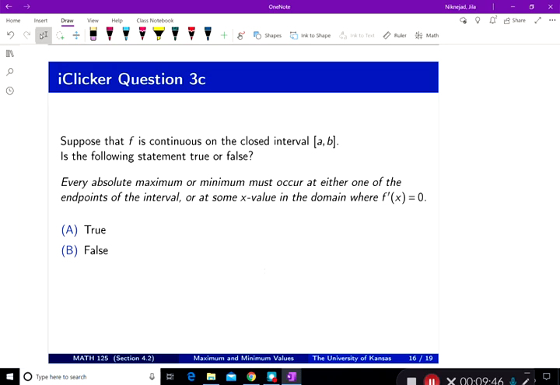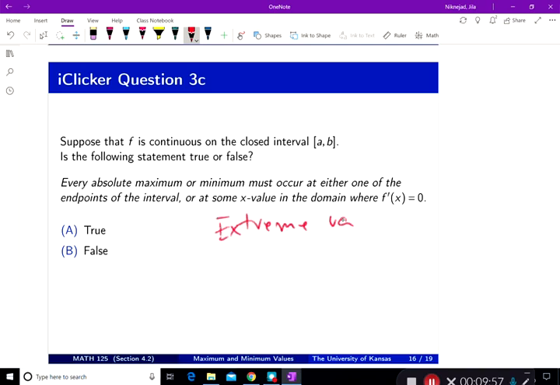The answer, let's see. So we're looking for either endpoints. This is again the extreme value theorem. For the extreme value theorem, the absolute max and min happen either at endpoints or at critical points.